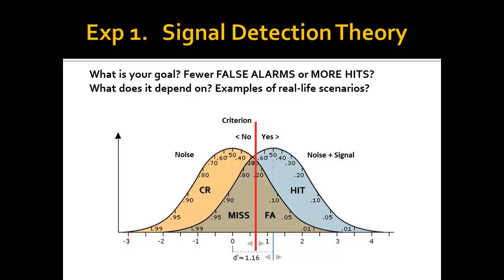So you ask yourself, does the benefit of getting one more ill patient in treatment outweigh the cost of one more person going through treatment when they didn't really have to? If the treatment of one more ill patient is worth the inconvenience and cost of treating one more healthy individual, then you might set your criterion in this situation such that you say yes.